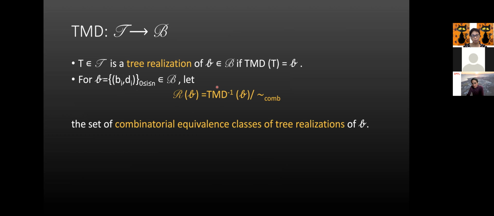So the preimage under TMD of B is the set of all tree realizations, and then we quotient by this combinatorial equivalence relation.